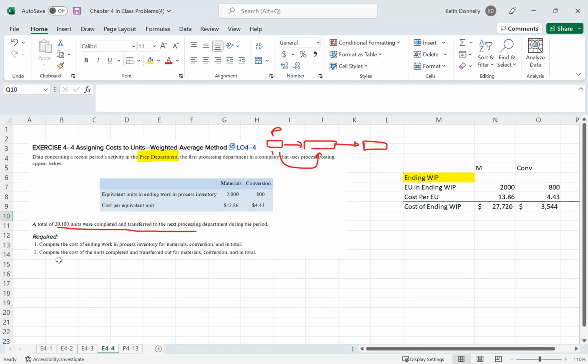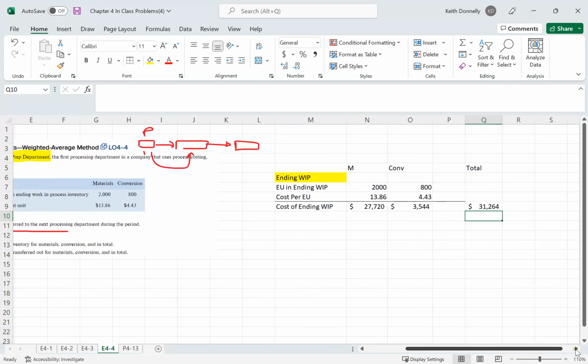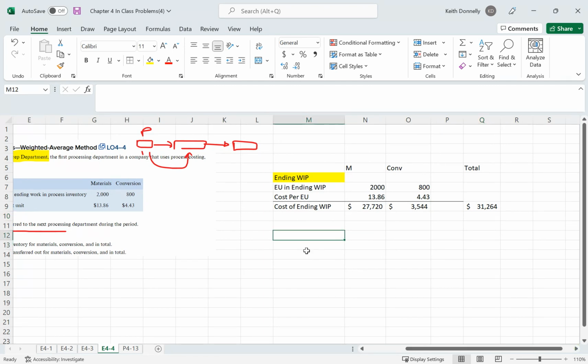Likewise, they want us to compute the cost of the units completed and transferred out. We just looked at ending WIP here. Now we want to see the cost of the units that were carried out. So in this case, we're looking at the units transferred out.